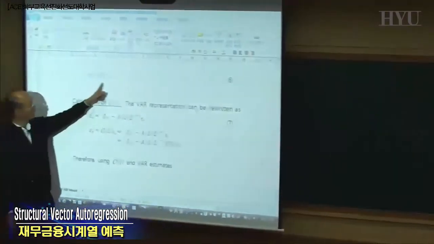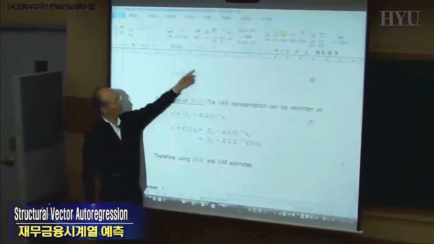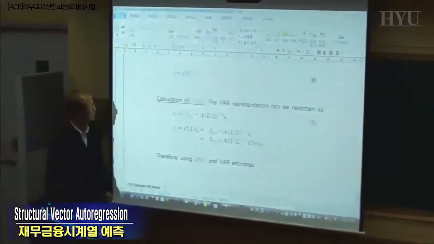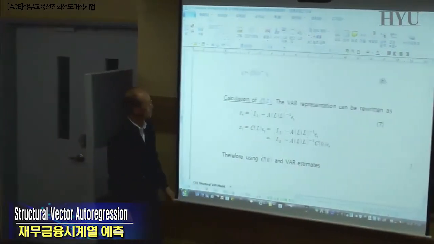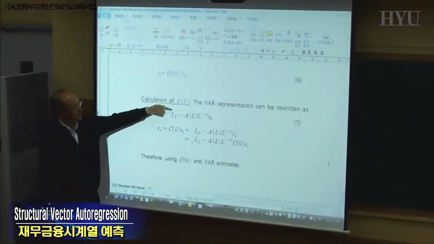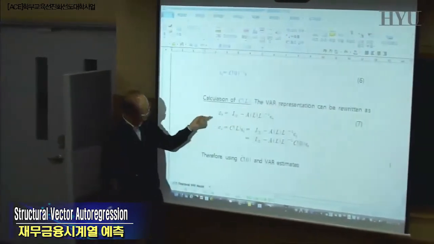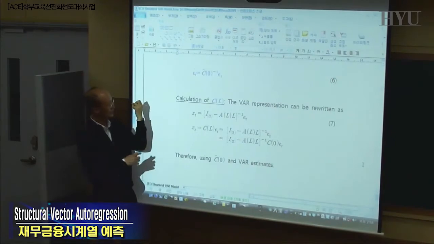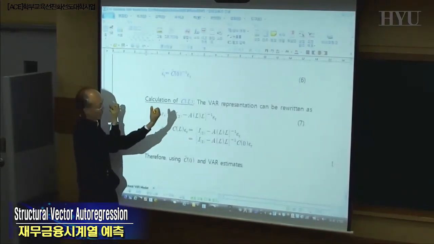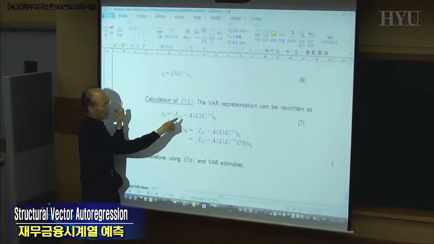So estimating this one is our objective, right? Our goal. Then how to calculate C of L? Our previous VAR representation is now rewritten in this form, because we had x t and there was x t minus 1 with this.